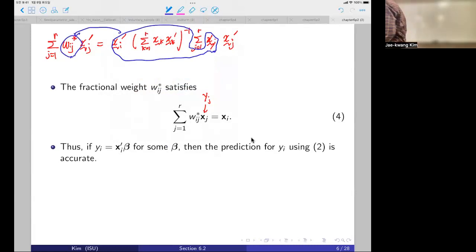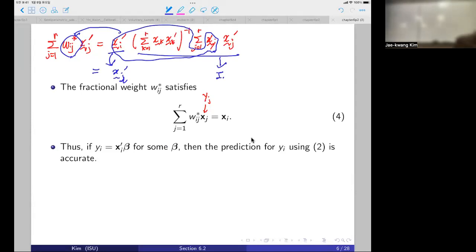So this is basically what I did. And then you can see that this is just the same thing, right? So we have a cancellation. So at the end of the day, you get xi prime. So this one remains, and then this just cancelled.